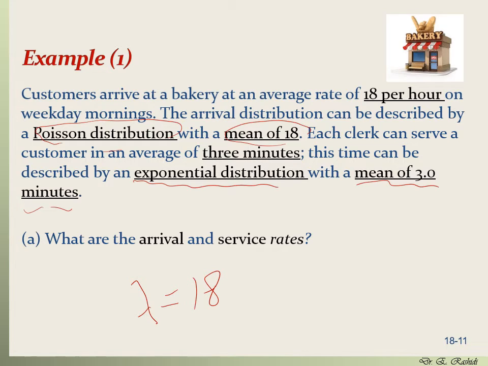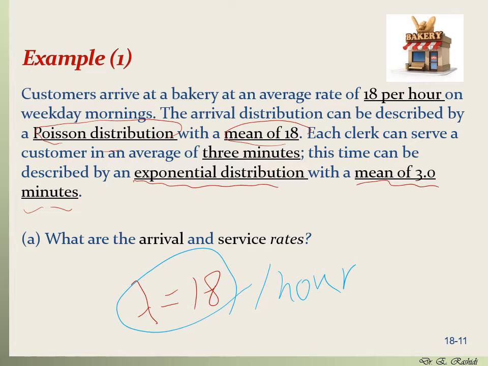That means that every 3 minutes a customer is being served. So here, for lambda, the arrival, we're talking about 18 customers per hour. So this means that we also have to use the same scale. Either we work in hours for both, or we work in minutes for both.